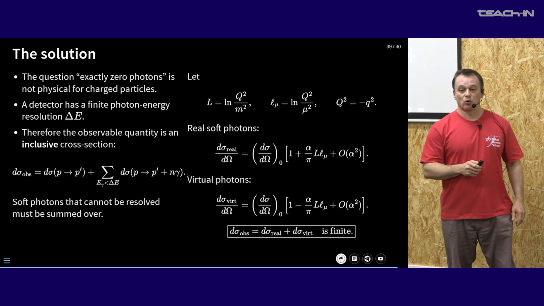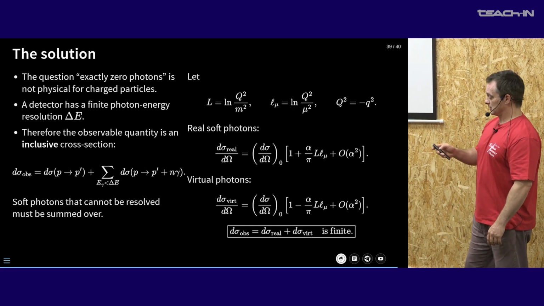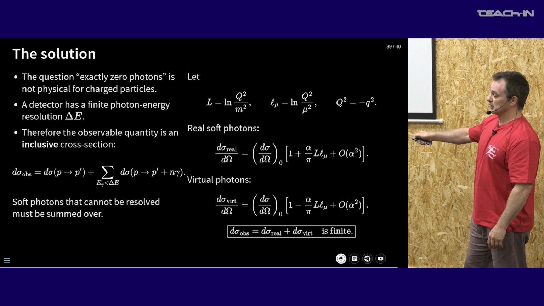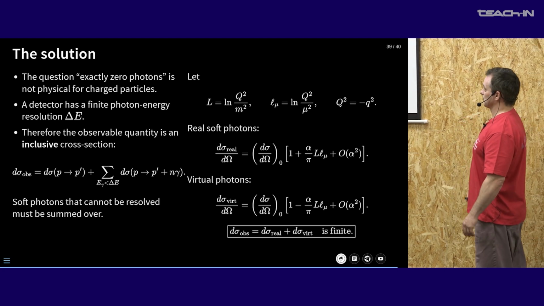So the real quantity which we are going to observe experimentally is the cross-section where proton goes to proton with some modified scattering angle, plus the part of the cross-section where you have a certain number of photons whose total energy is below the experimental threshold.